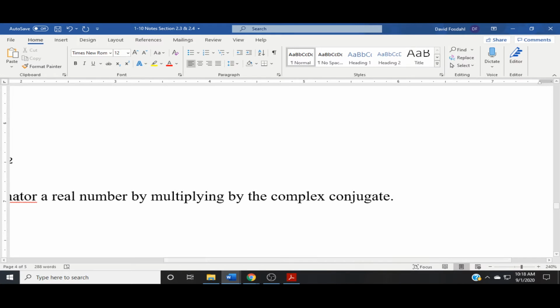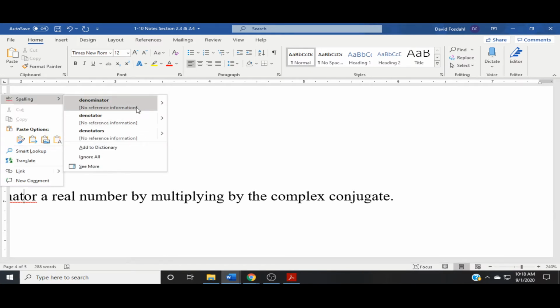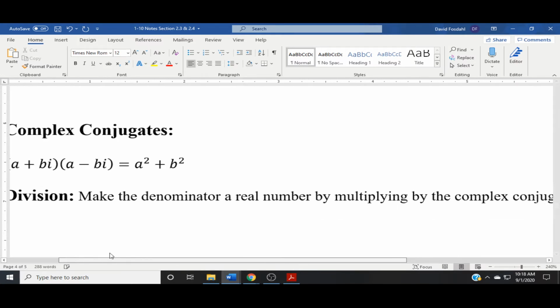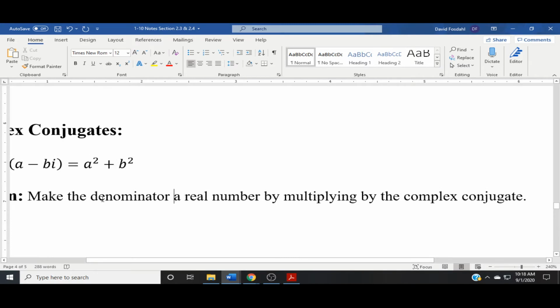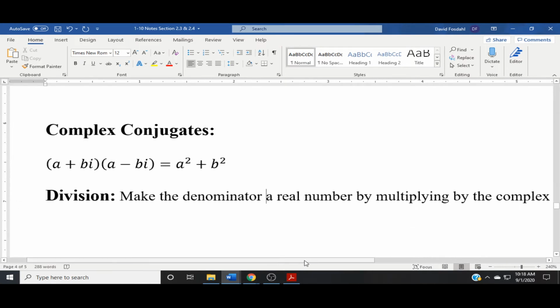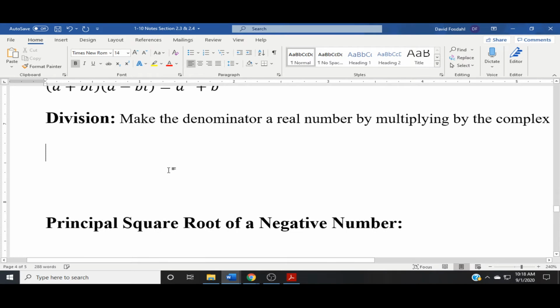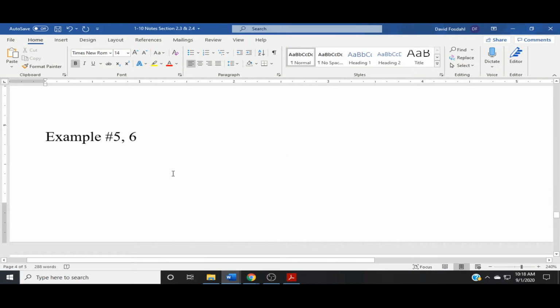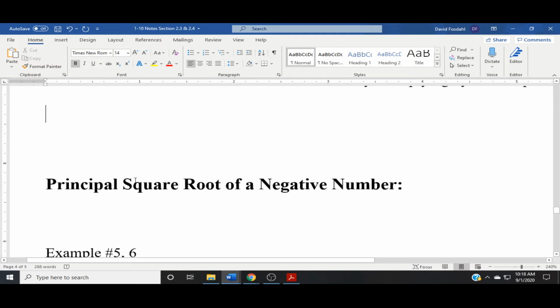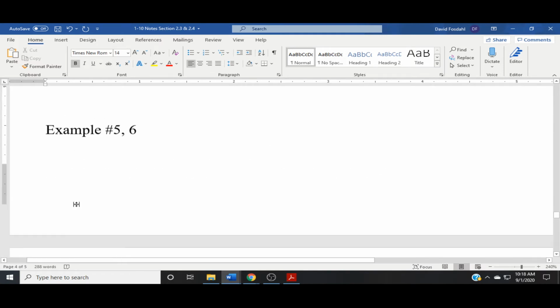Okay? Make the denominator real by multiplying by the complex conjugate. Okay, and we'll look at some examples for this, and then we'll talk finally about principal square root.